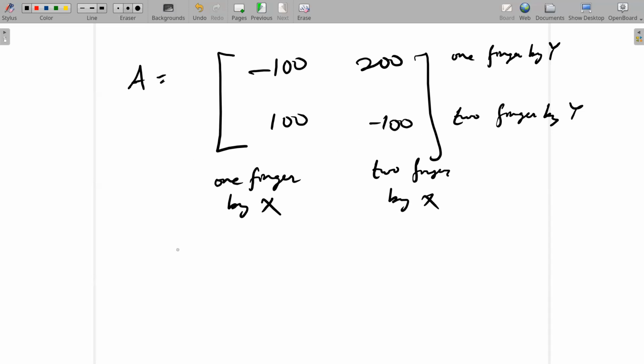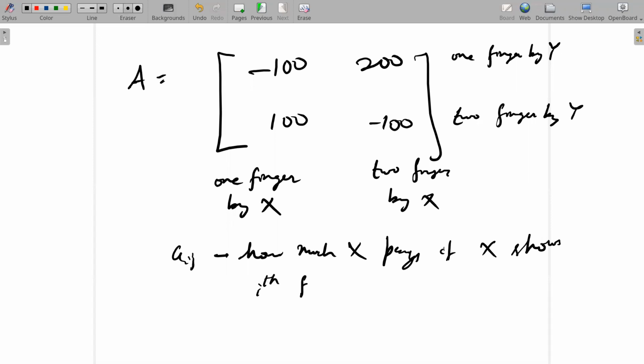The entry Aij is how much X pays if X shows j fingers, and Y shows i fingers.